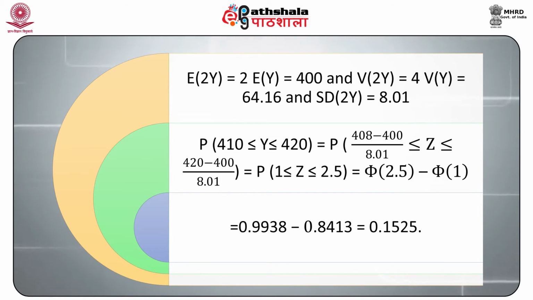The probability of 2y ranging from 408 to 420 would be equal to the probability of z, which ranges from 408 minus 400 divided by 8.01 to 420 minus 400 divided by 8.01, which is equal to the probability of z ranging from 1 to 2.5, which is equal to phi of 2.5 minus phi of 1, which is equal to 0.9938 minus 0.8413, and this will be equal to 0.1525.